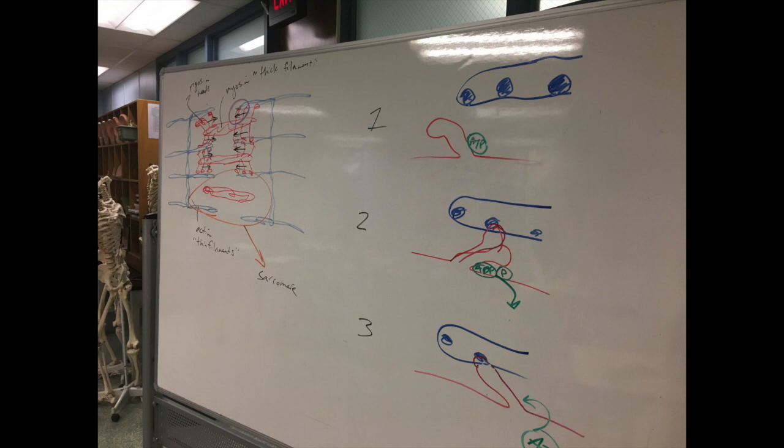All of those myosin heads are pulling constantly as long as I'm holding this. That process is called crossbridge cycling. Each connection between myosin and actin is called a crossbridge, and they just continue to cycle. They're just continuing to pull and pull and pull. All right.